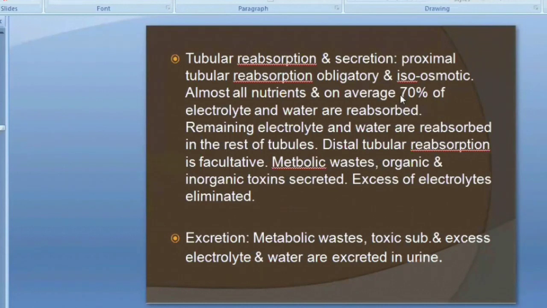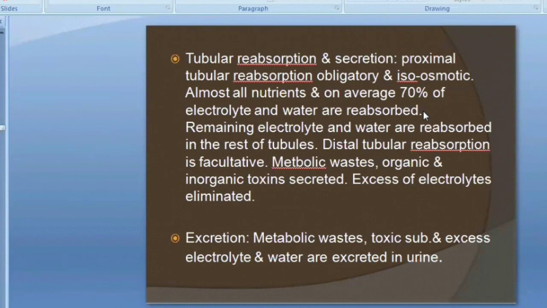First thing is 70% of the reabsorption takes place in the proximal tubule. Both electrolytes and water are 70% reabsorbed. Okay, 70% of electrolytes are actively reabsorbed, then 70% of the water is passively reabsorbed. So the osmolality of the glomerular filtrate in the proximal tubule remains the same.